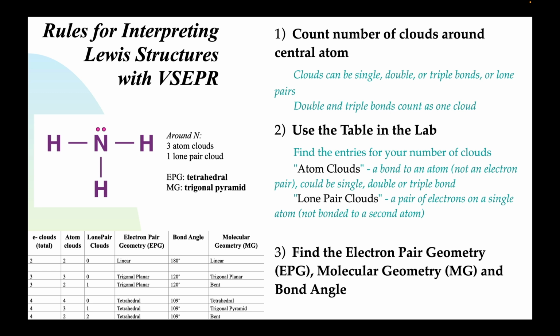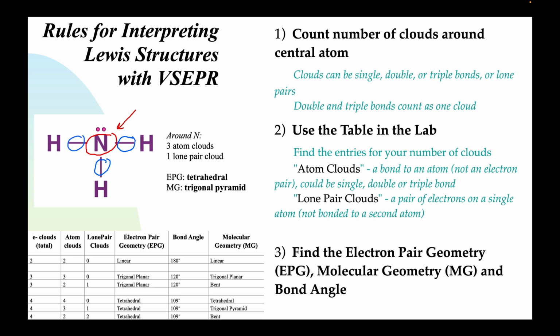Here's an example of NH3, ammonia's Lewis structure. If you look there at the central N, nitrogen is the central atom, all right? And around that central atom, we have 1, 2, 3 pairs of electrons. Those lines represent pairs of electrons connected to other atoms.